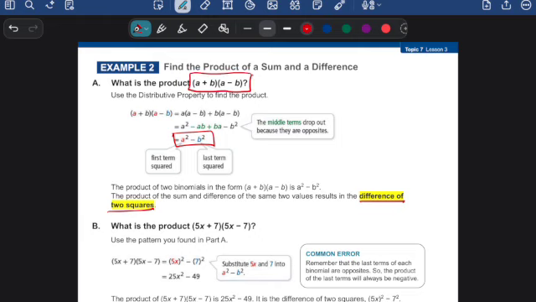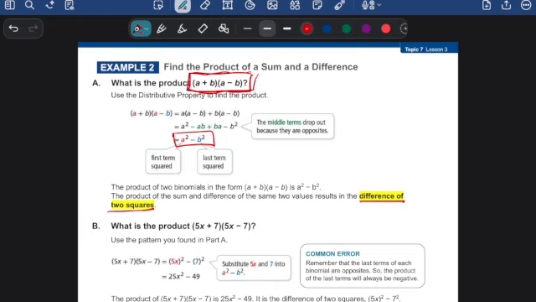So if you can recognize that you have a binomial that is subtracting two terms that are perfect squares, then you know when you break it down, you get this pattern, the sum of the terms times the difference of the terms. So let's take a look at an example. We have here 5x plus 7, a sum of two terms, and we have the difference of those same two terms.